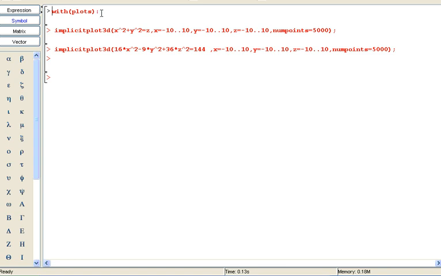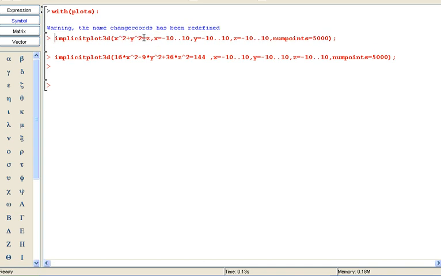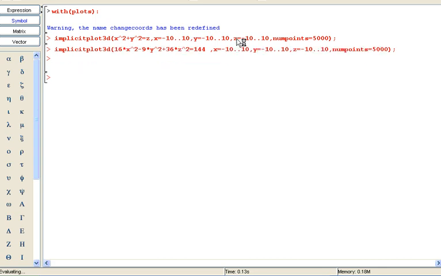Notice I have with plots, so I'm going to execute that command. And then in order to plot these, if they're not solved for z, this one's solved for z actually, the command you're going to use is implicit plot 3D. Put your equation in, and then put in your x, y, and z domain and ranges, and let's see what we get.